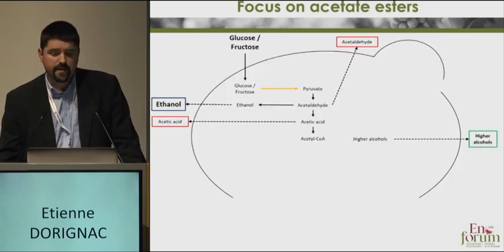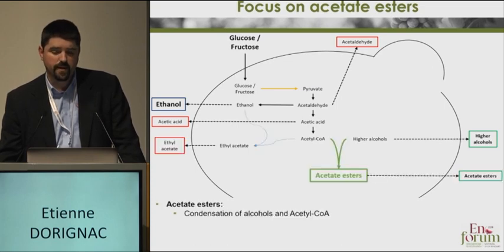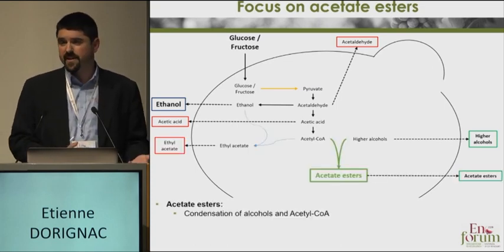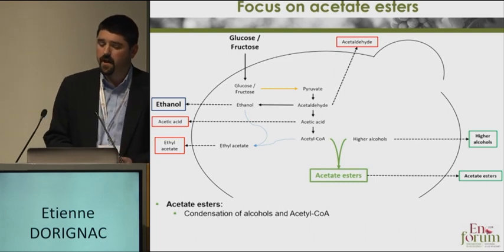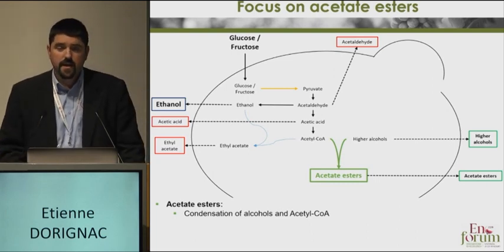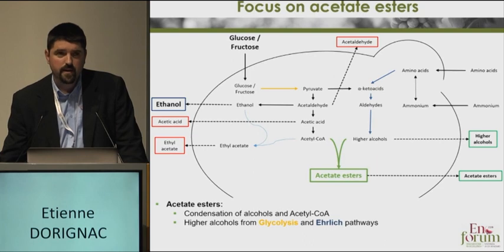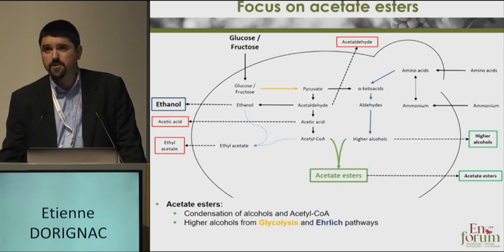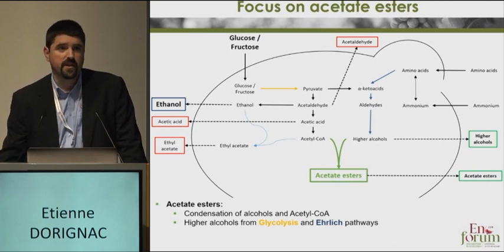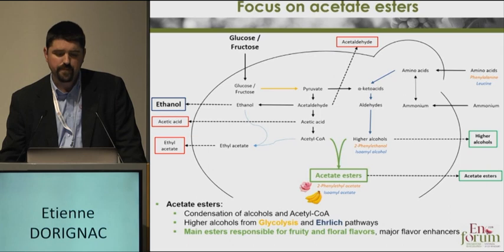Then we focus on acetate esters, which come from the condensation of acetyl-CoA and higher alcohols. That is really interesting, because they come from both pathways. The main pathways are the Ehrlich pathway and the nitrogen pathway, but they can also come from the glycolysis pathway.